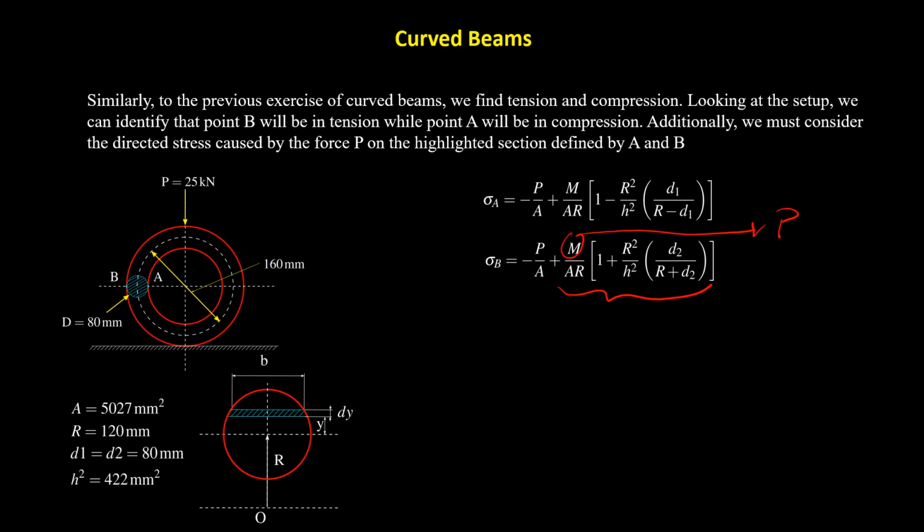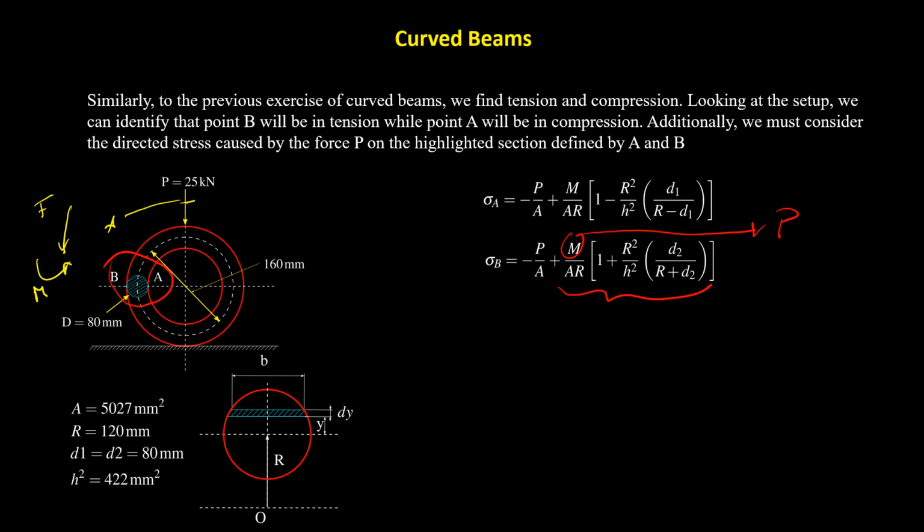However, as I mentioned, when I start studying this section here, we change the color, and I translate this force, the effect of this force of 25 kilonewtons presented here into this part. This is going to bring not only the force, but it's also going to bring a moment.